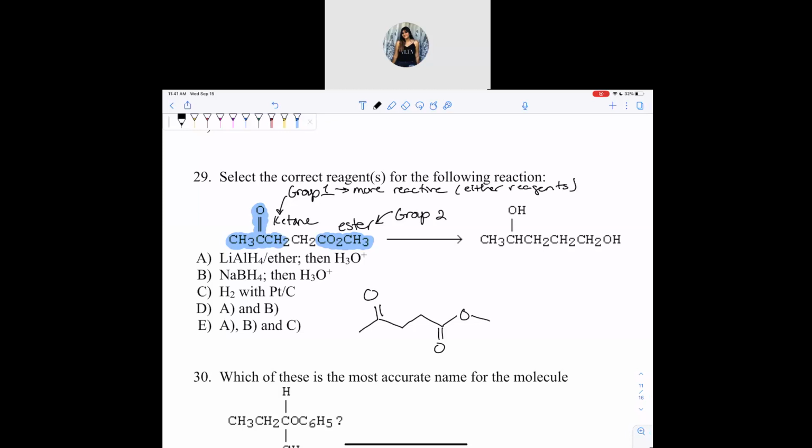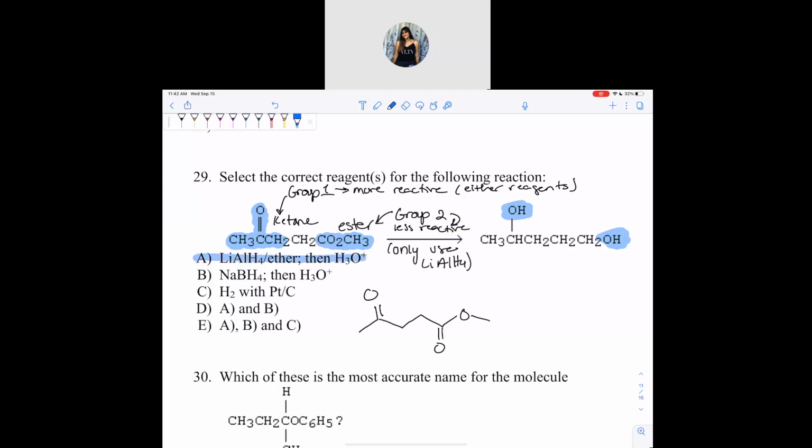Group 2, however, is less reactive and can only use LiAlH4. This is important because in the final product, we actually have reduced both functional groups to an alcohol. In order to reduce both groups, we have to use LiAlH4.